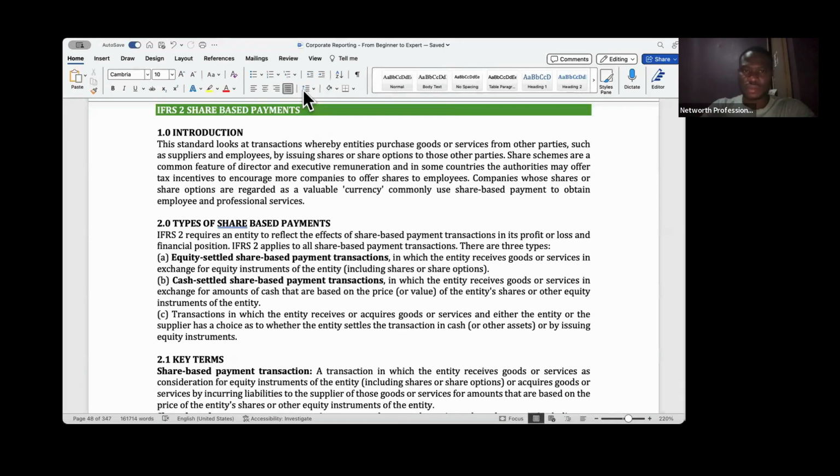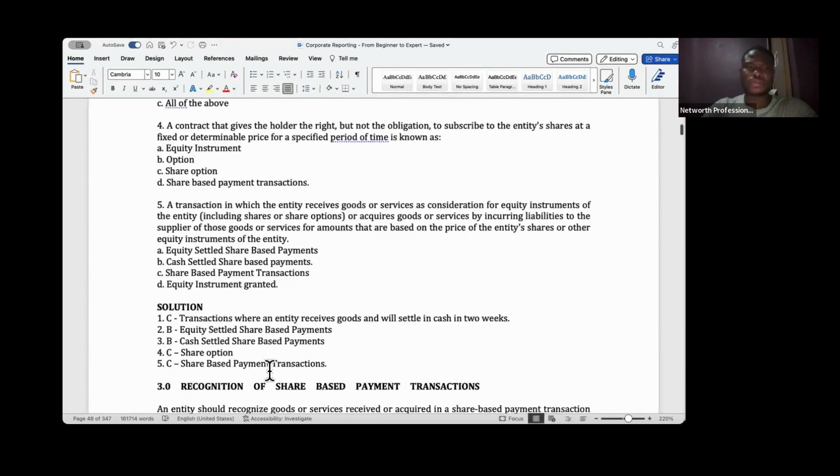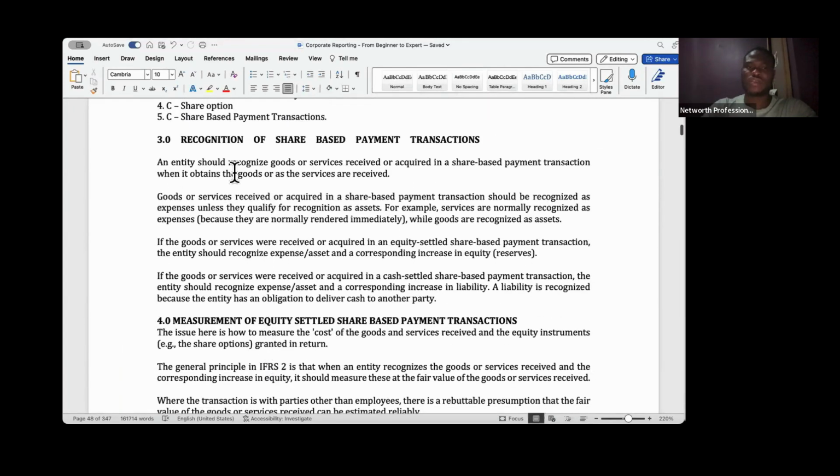So now, we started with the recognition last week. I told you that share-based payment transactions generally are recognized when the goods or services are received. And for equity settled, you simply debit expenses or assets depending on what the entity is receiving.